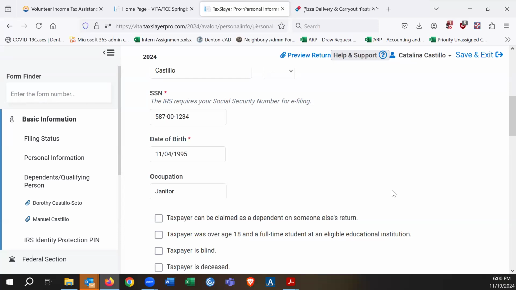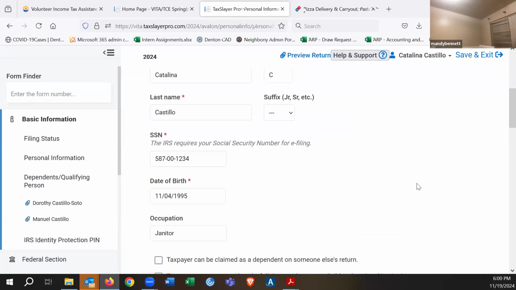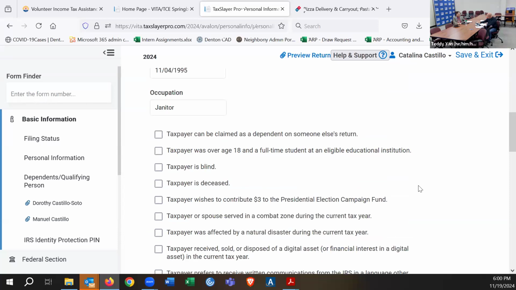Makes sense. And this is why whenever I'm entering someone's birthday, I will always mention the month. So, date of birth, November 4th, 1995.